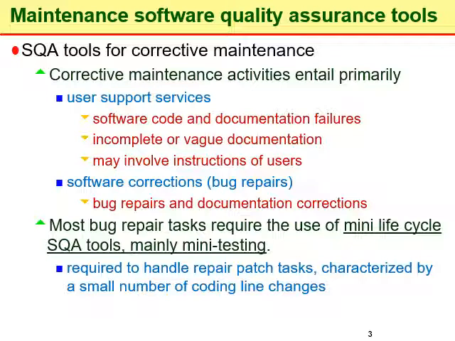It is important to mention that most bug repair tasks require the use of mini lifecycle SQA tools, mainly called mini testing. Mini testing procedures are required to handle repair patch tasks. That is, these are small scale tasks characterized by a small number of coding line changes to complete the corrections rapidly.